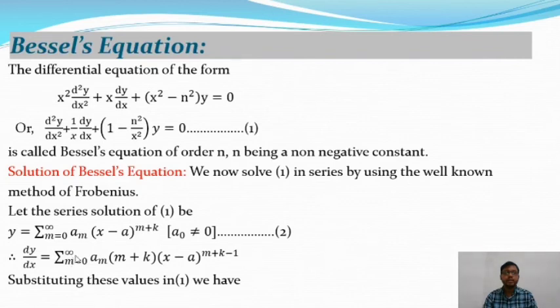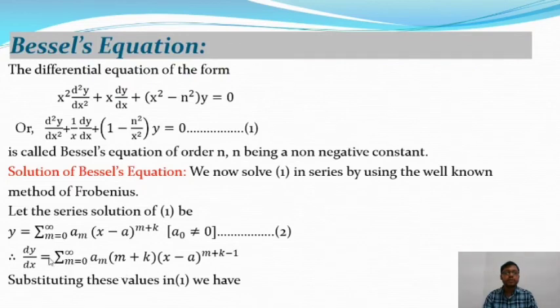This is the first order differentiation of the series, equation 2. And the second order differentiation d2y/dx2 is the summation over m is equal to 0 to infinity of a_m into (m plus k) into (m plus k minus 1) into (x minus a) to the power m plus k minus 2.